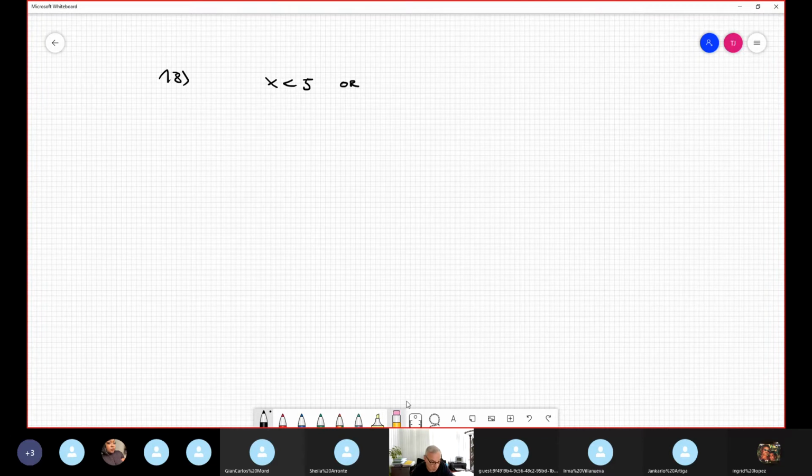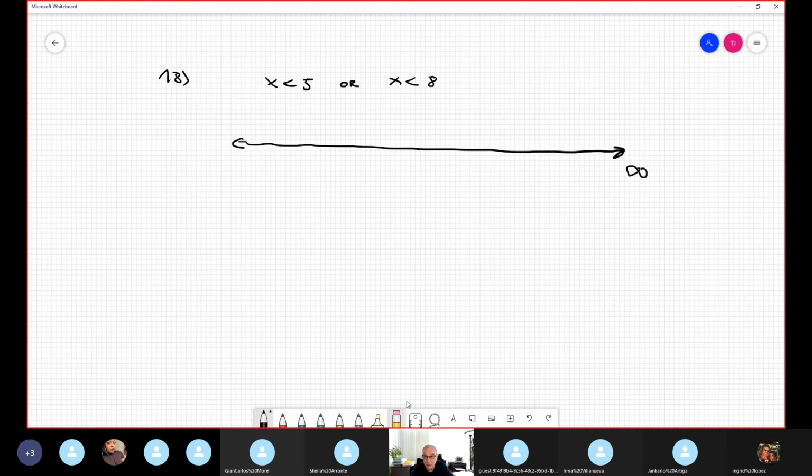Union says put together without repetition. And the solution always ends in the all real number line. This is my all real number line. This is 0 in the middle. We have 5, suppose 5, 1, 2, 3, 4, 5, 6, 7, and 8.